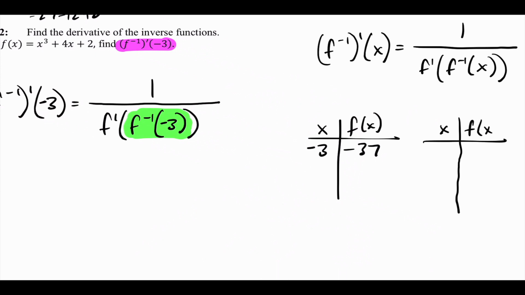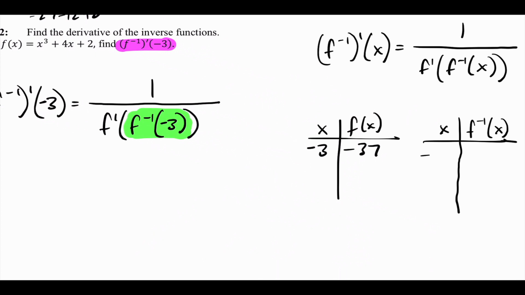So what I have to do, oops, let me write this again, is make another table. Which point do we know is going to exist on that new table? Which point do we know for sure is going to exist on its inverse?